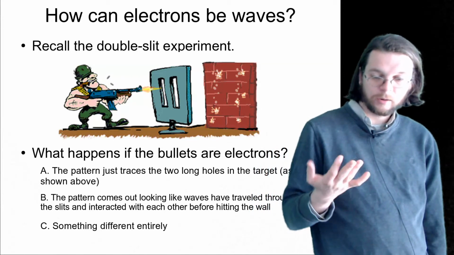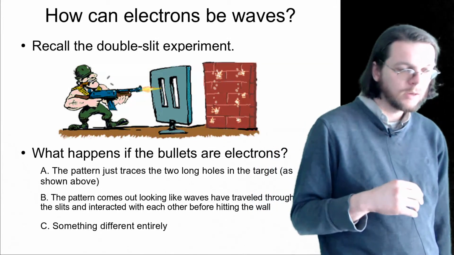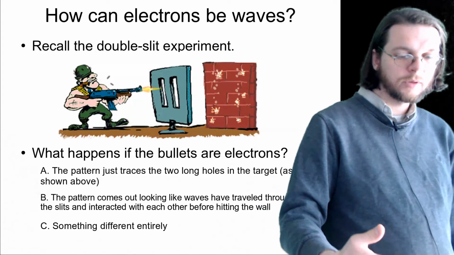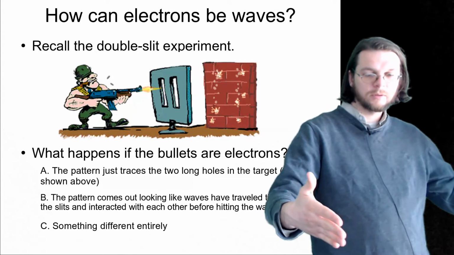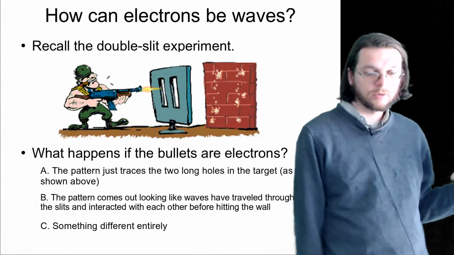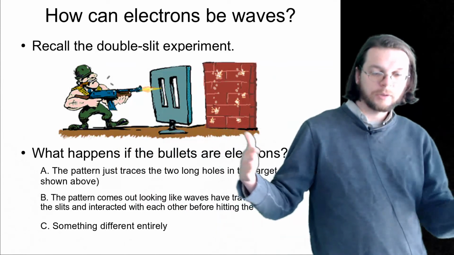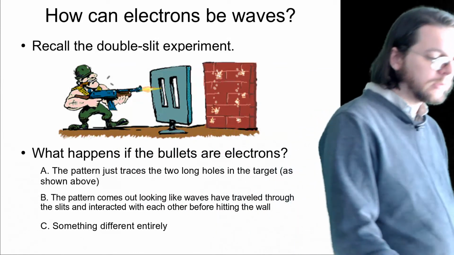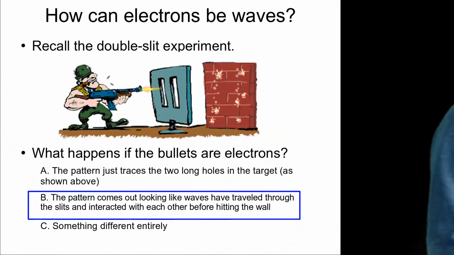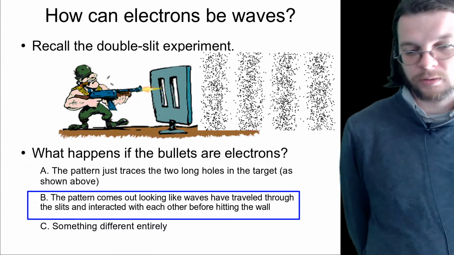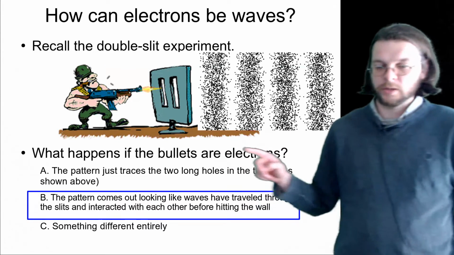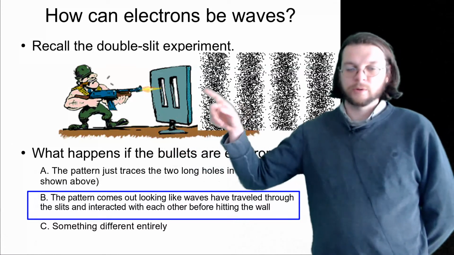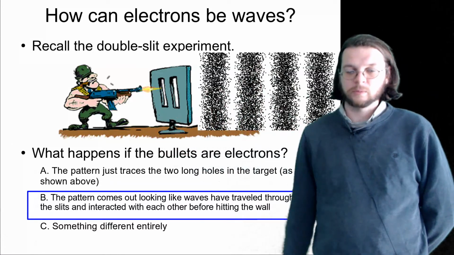So electrons have a particle nature, and so I can't just show you what happens at the far wall when I shoot electrons through, like I can with a laser beam. So electrons are going to arrive one by one, basically. So it's going to look something like this, where you're going to shoot electrons through, and then if you're detecting it over here, this sort of pattern would build up.